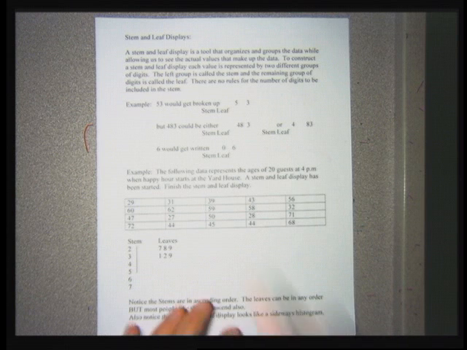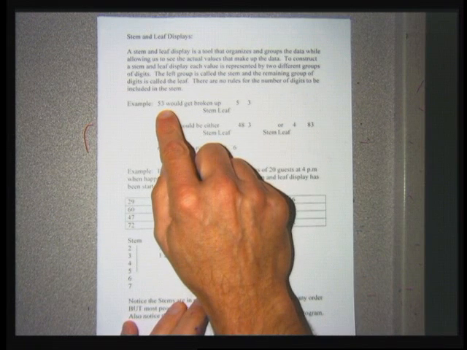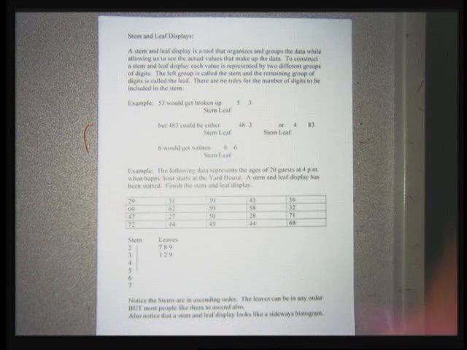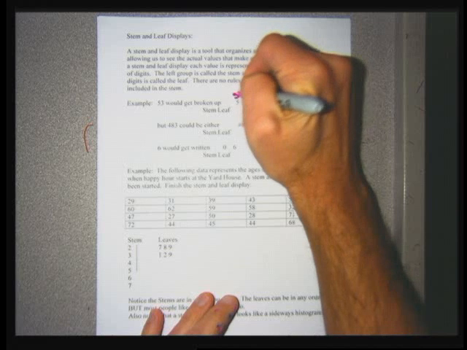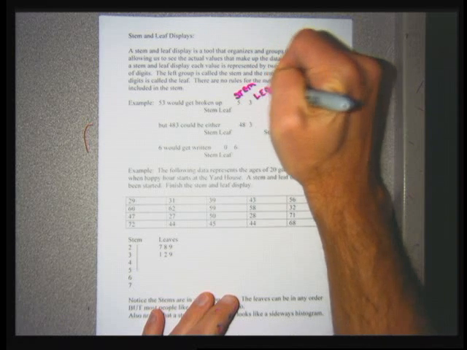So the number 53, when we do a stem and leaf plot, the 5 and the 3 are going to be separated. The 5 I'm going to call the stem. The 3 I'm going to call the leaf.